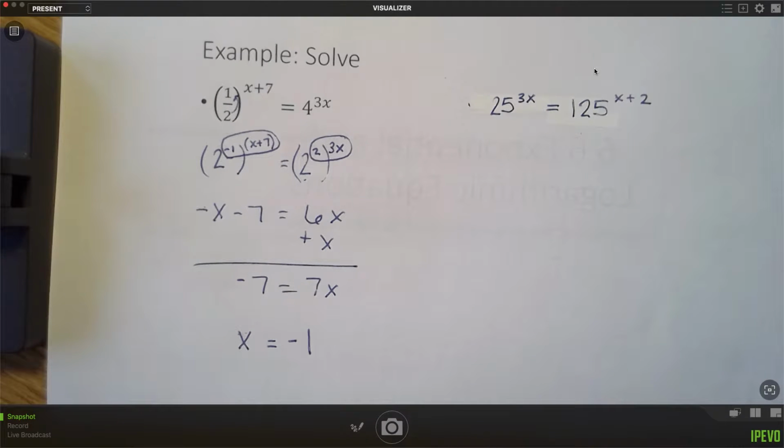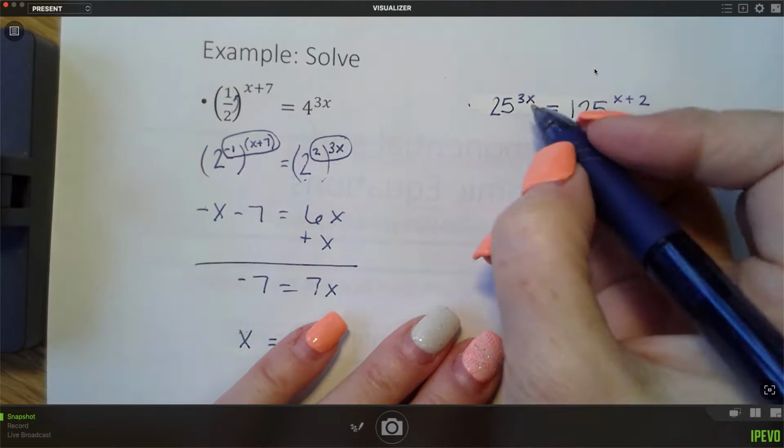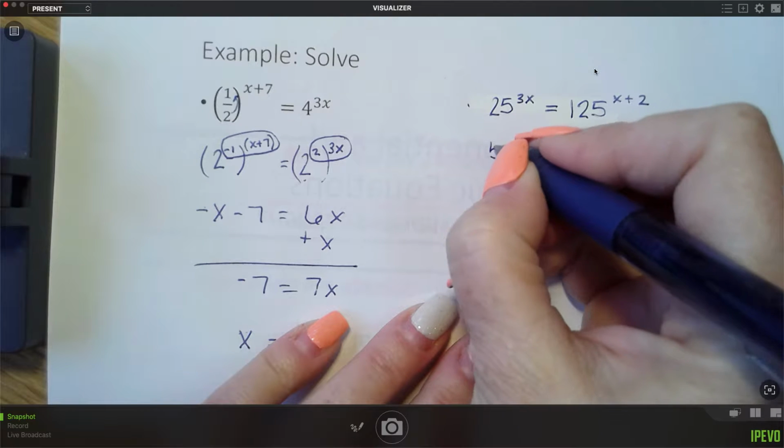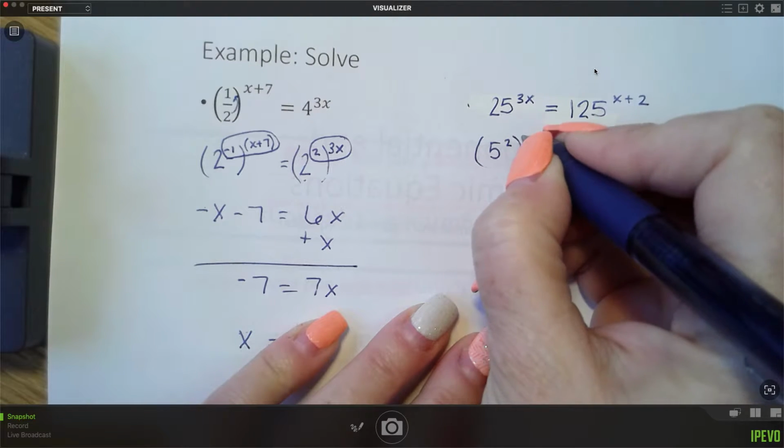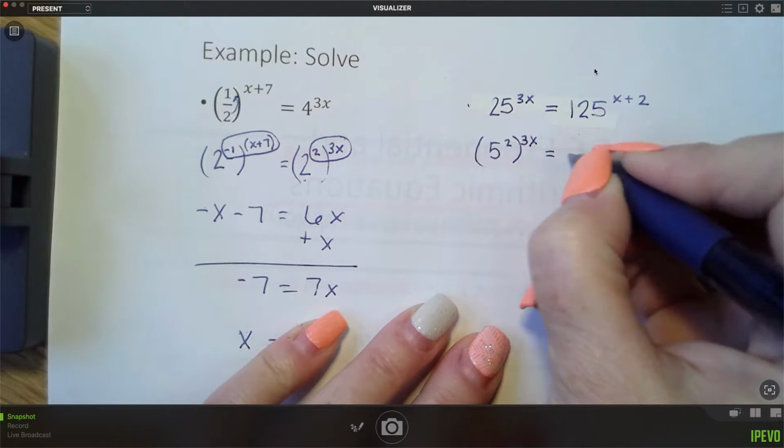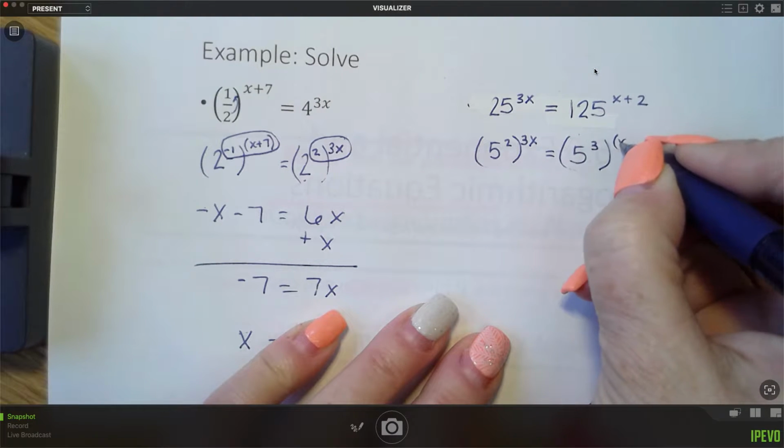So if we just go down with 5, wouldn't it be 5 squared and 5 cubed? 5 squared to the 3x and 5 cubed to the x plus 2.